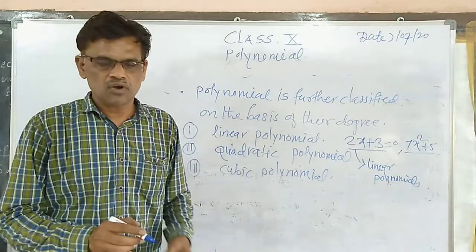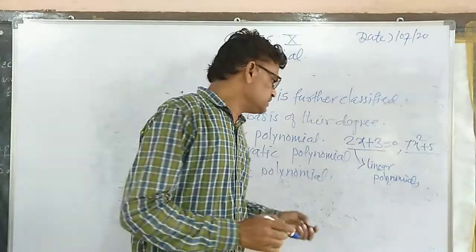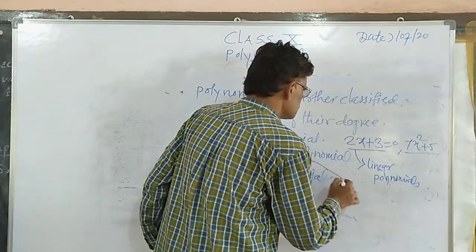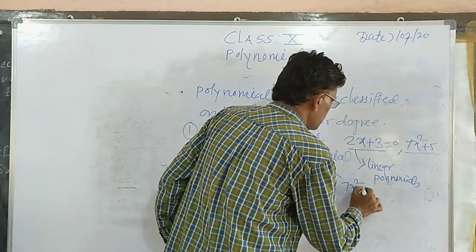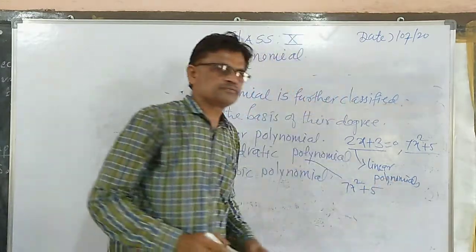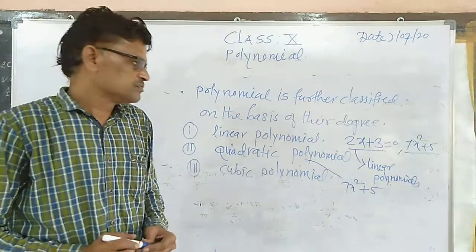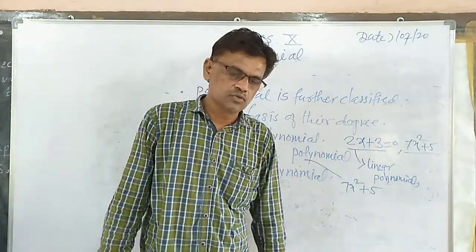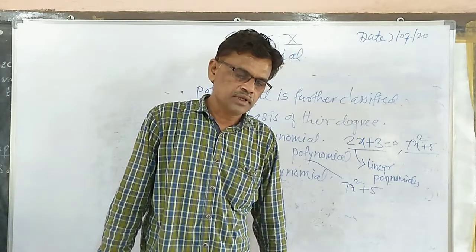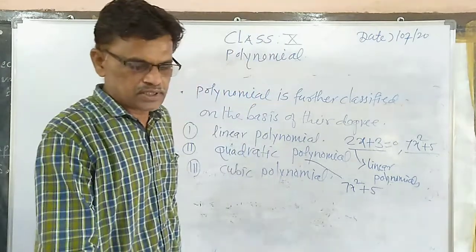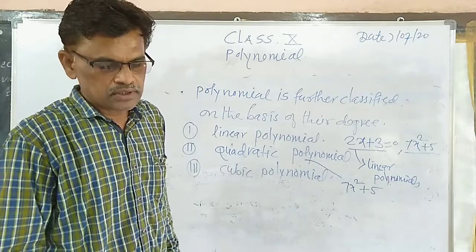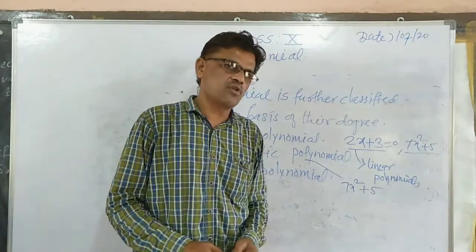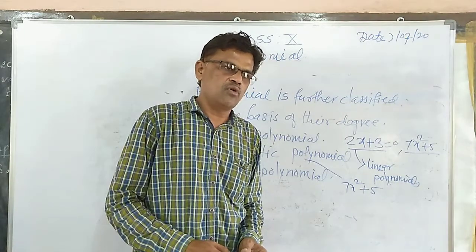In this case, the quadratic polynomial is 7x square plus 5, because the degree of this polynomial is 2. Therefore, it is called a quadratic polynomial.